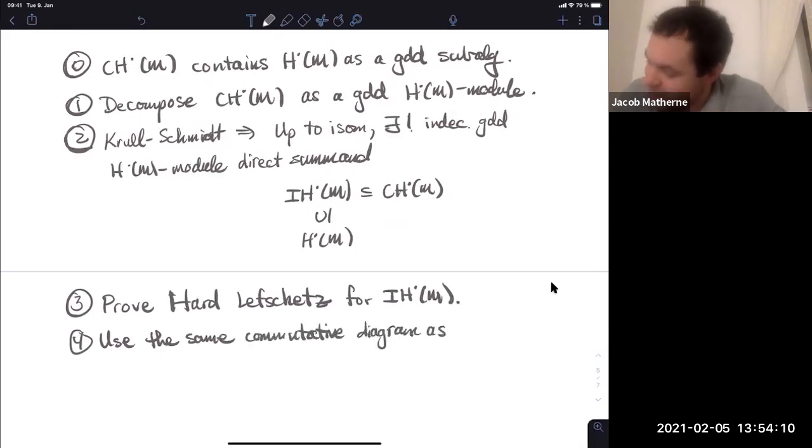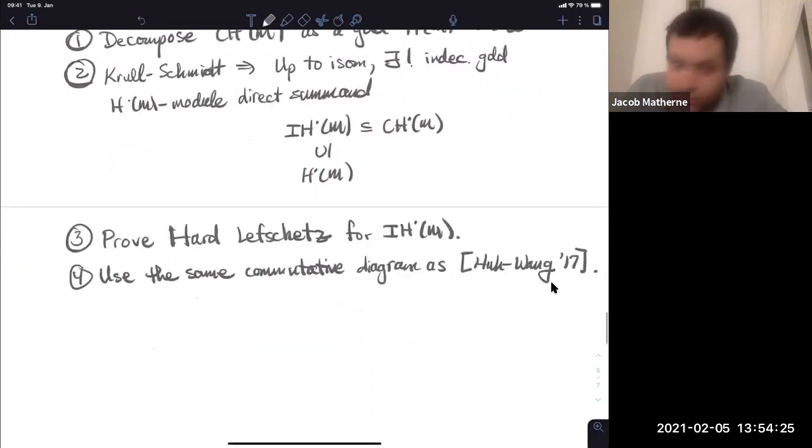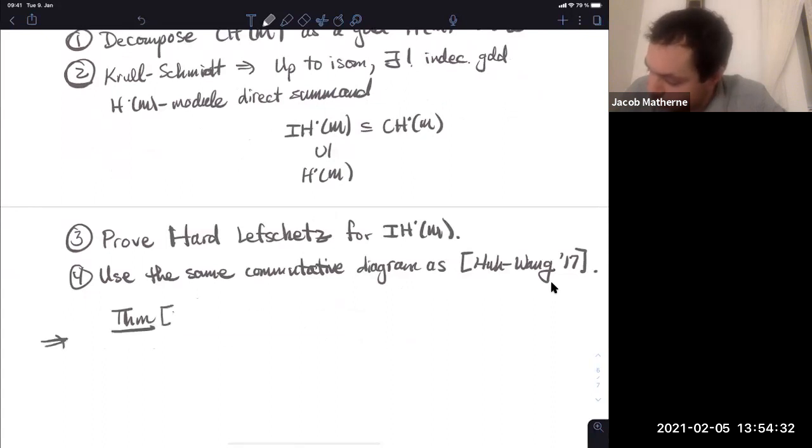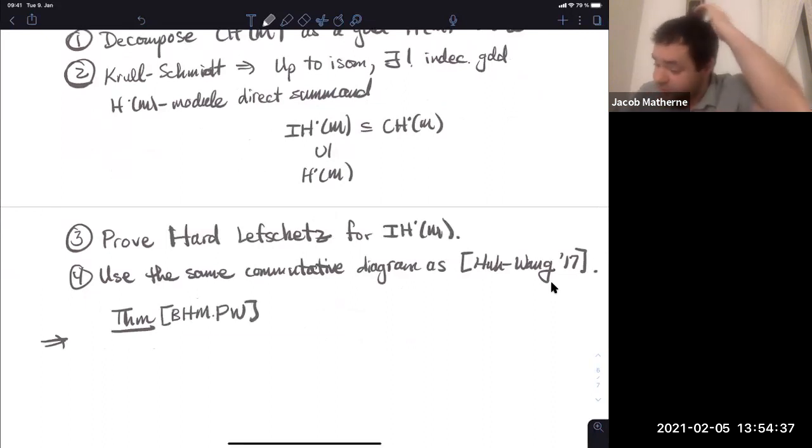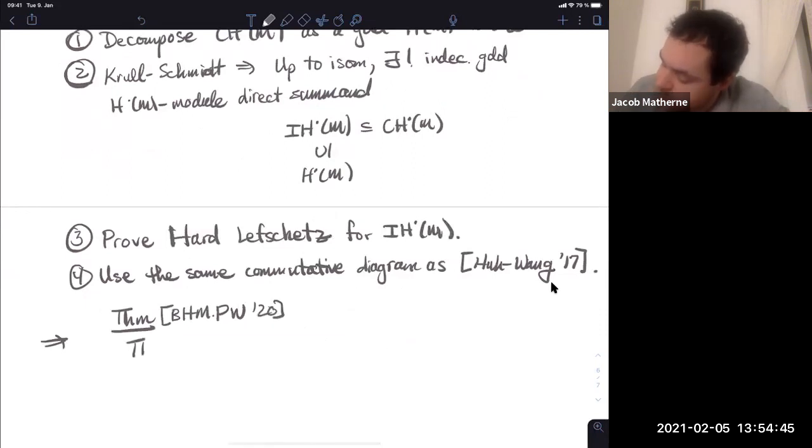And the ample class is a sum of positive constants times y_i's. So all of this implies the top-heavy conjecture by just doing the same thing as before. This is with Tom Braden, Jun Huh, myself, Proudfoot, and Wang. So this is top-heavy for all matroids.